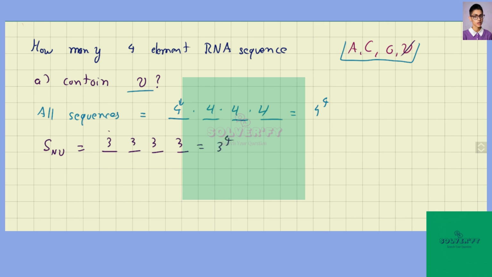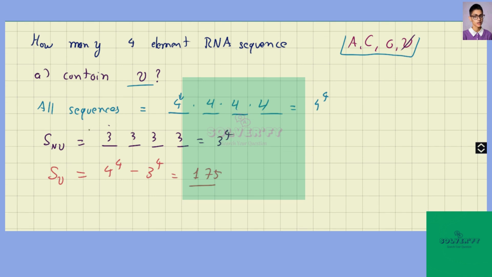So at the end, the number of all the possible sequences that contain a uracil is 4 to the 4th power minus 3 to the 4th power, and this is equal to 175.